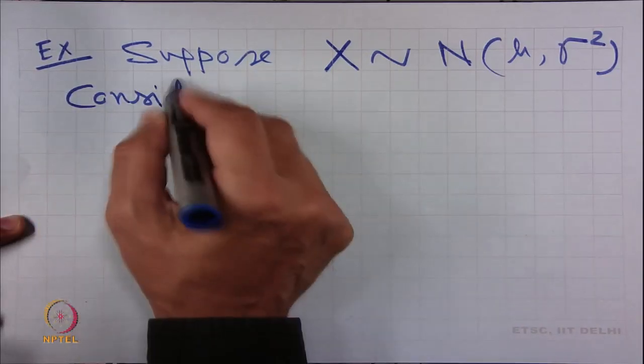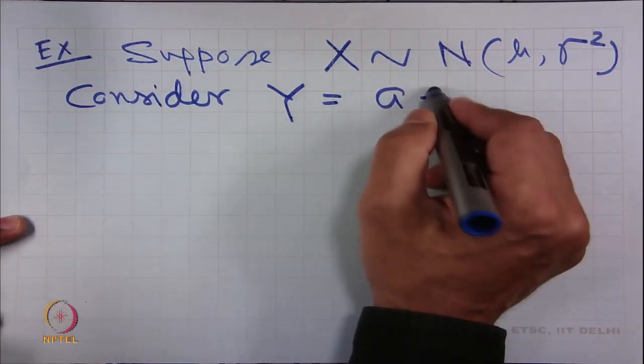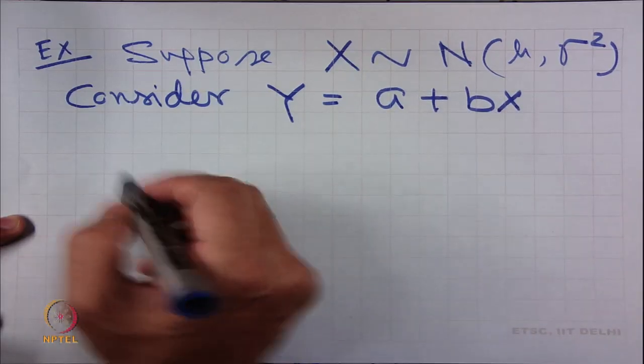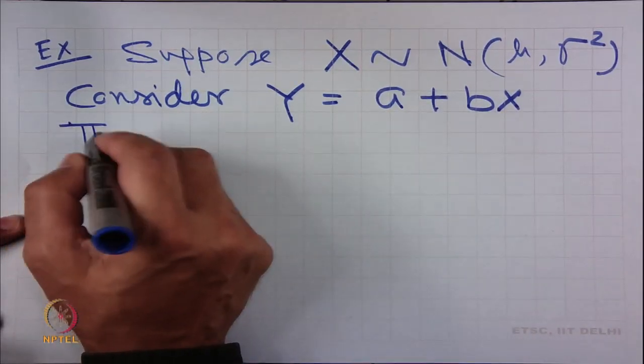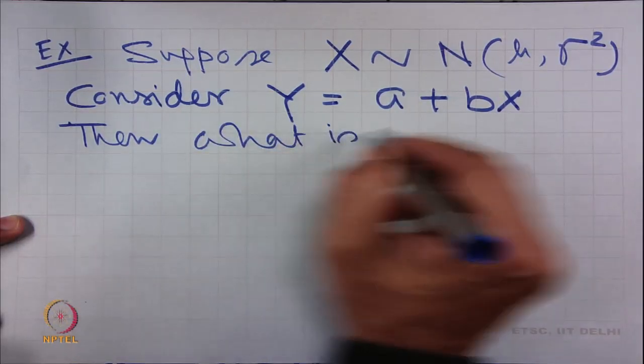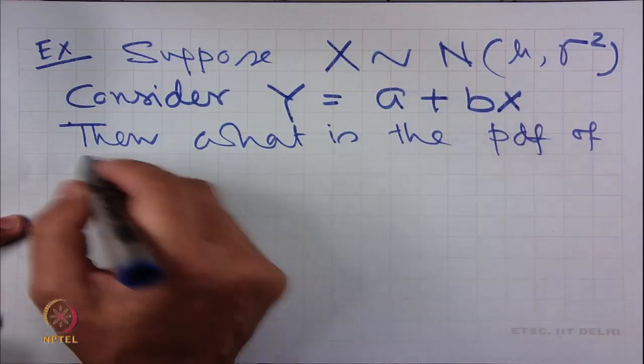Consider y is equal to a plus b x. Then what is the PDF of y?